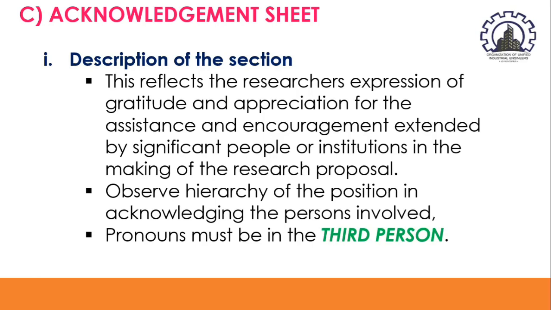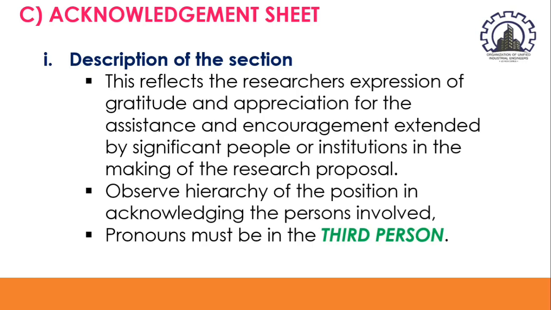So if that person is a doctor, you should put Doctor blah, blah, blah, okay? Attorney blah, blah, blah, and then Engineer blah, blah, blah, okay? If he or she doesn't have any title, then he or she is expected to appear at the last part of your acknowledgement, all right?